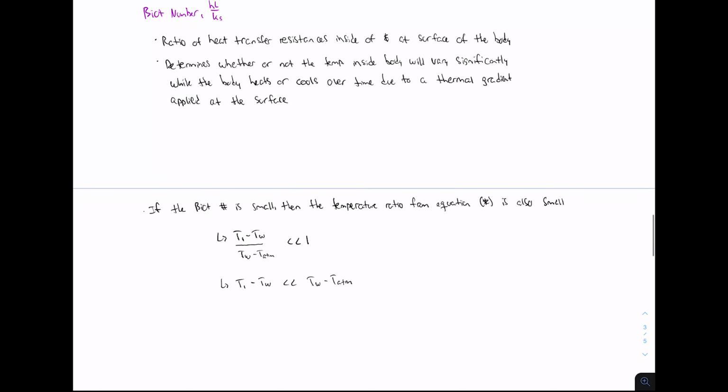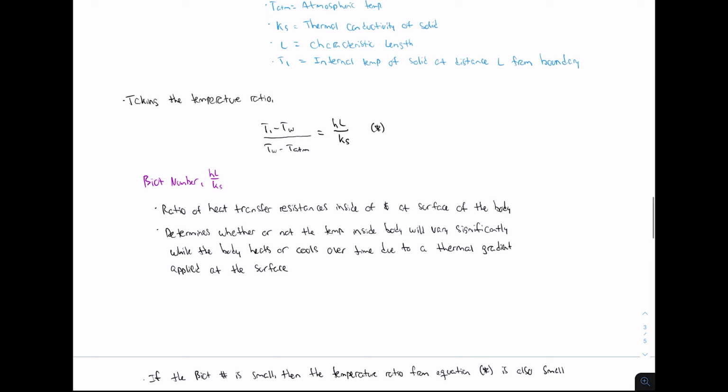Okay, so now on the left-hand side, you can think of this as the temperature distribution inside of our object. We have T_1, that's the internal temperature of our solid at a distance L from the boundary, so right there.